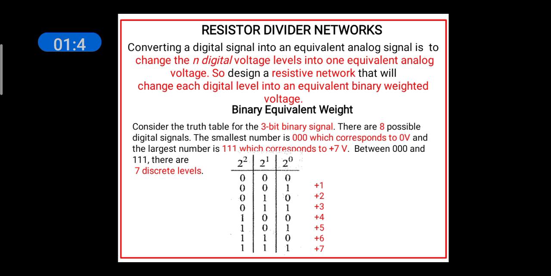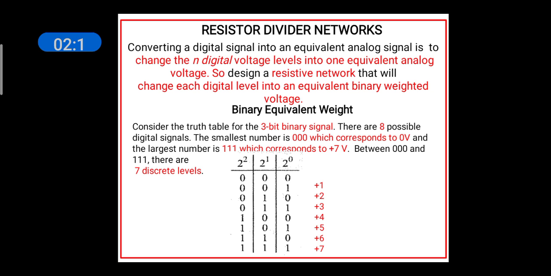Consider the truth table for the 3-bit binary signal. There are 8 possible digital signals. The smallest number is 000, which corresponds to 0 volt, and the largest number is 111, which corresponds to plus 7 volt. Between 000 and 111, there are 7 discrete levels.